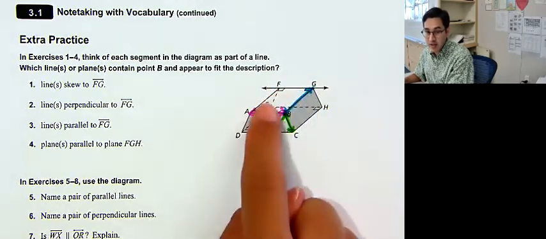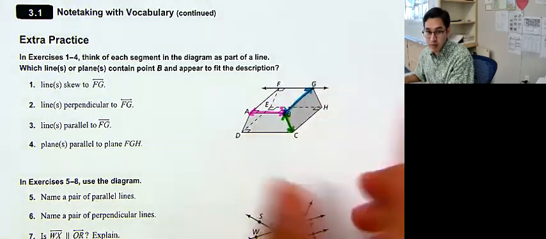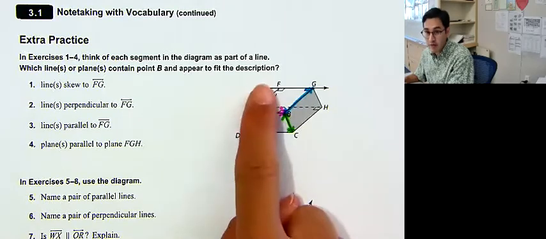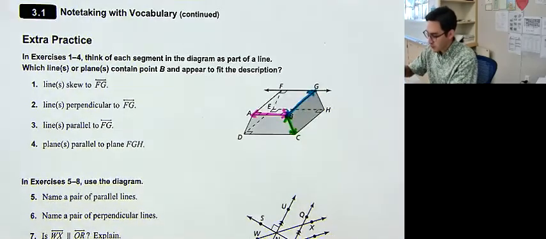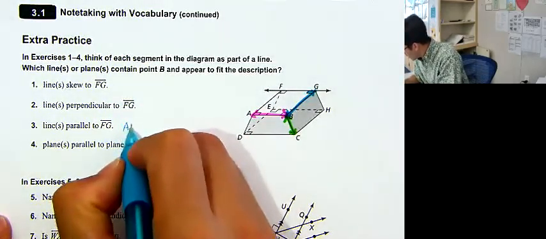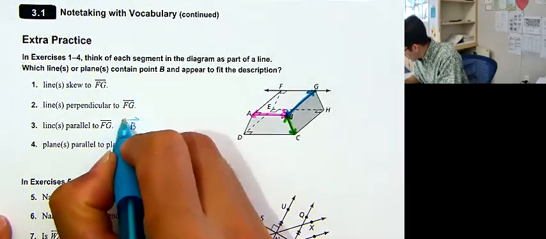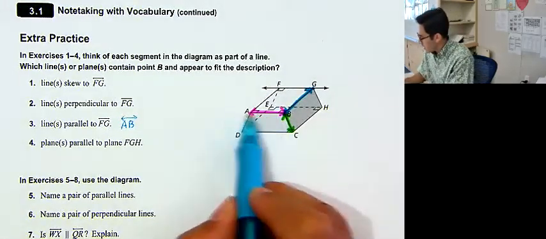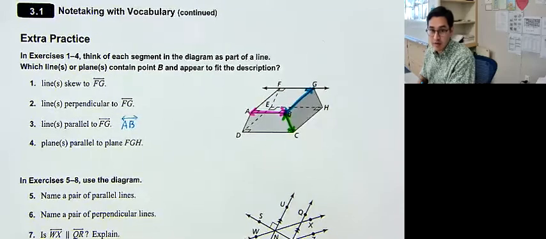It's in the same plane, on the top surface of this prism, and it doesn't appear that it would ever cross paths with FG. So we can say that line AB is parallel to FG. They're running in the same direction and they would never cross.